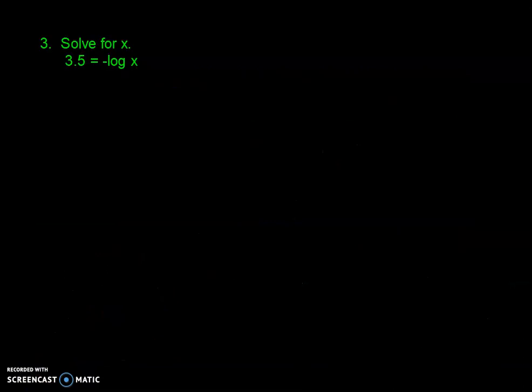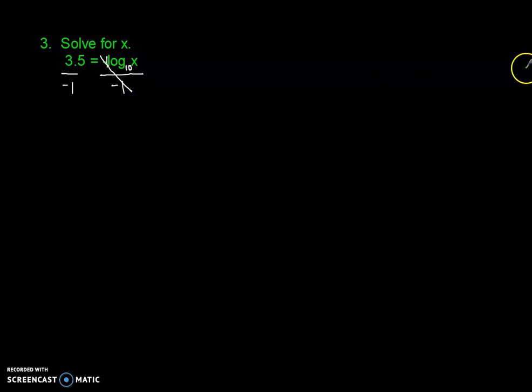Okay, so then moving on, we come across another solving problem. I want you to keep in mind that when there is no log base, it's a base of 10. Now, it is being multiplied by -1, so before we do anything with x and the base, let's get rid of the -1. Since it is being multiplied by -1, we're going to divide both sides by -1.